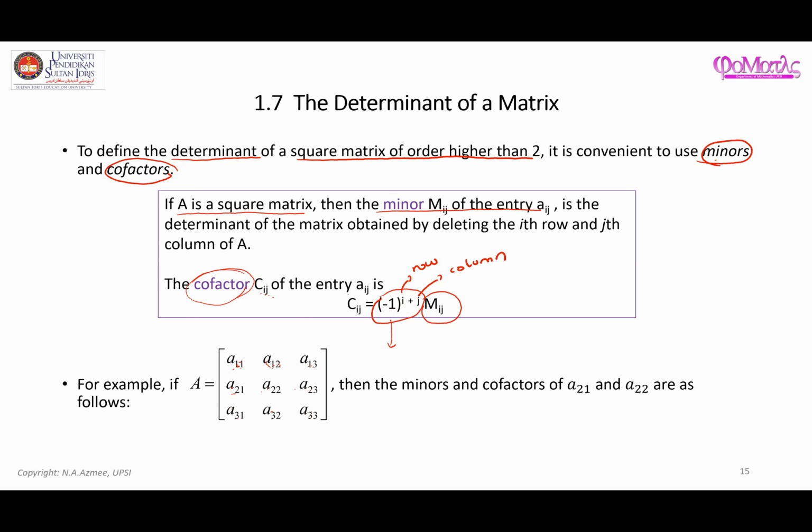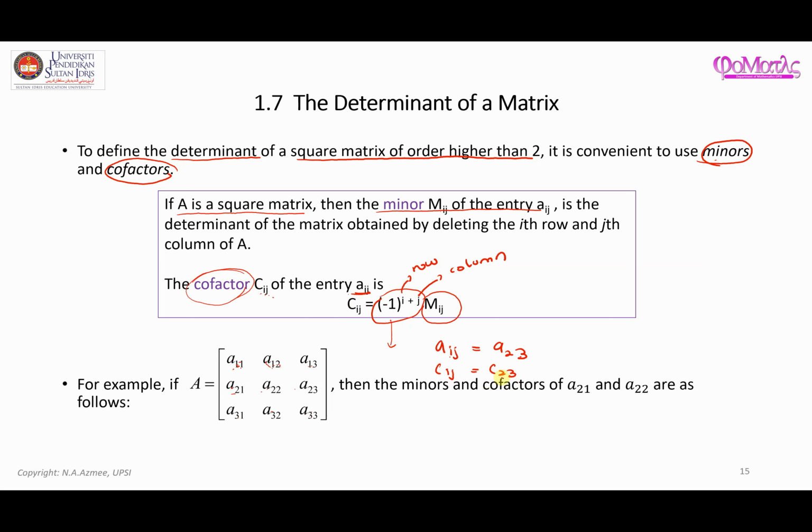Let's say you are talking about Aij, where in this case it is A23, so i is 2 and j is 3. If you want to find Cij, which is C23, it corresponds to the same ij.